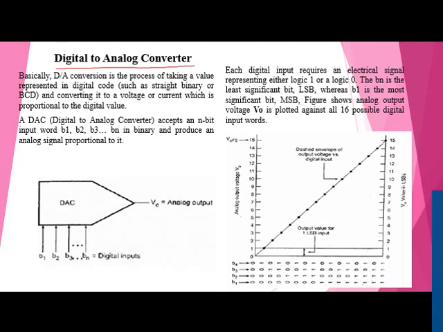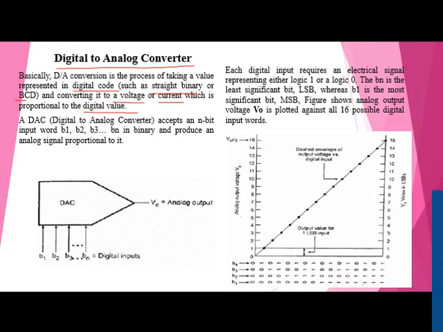In this slide we are discussing the digital to analog converter. Basically, digital to analog conversion is the process of taking a value represented in digital code, such as straight binary or BCD, and converting it to a voltage or current which is proportional to the digital value.